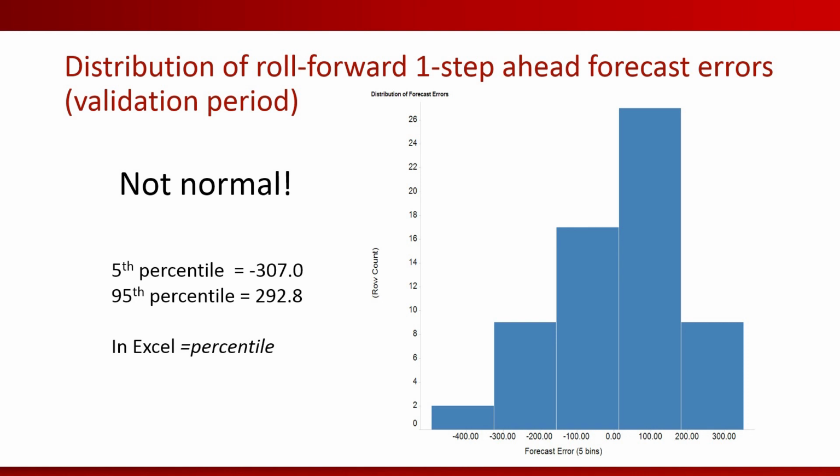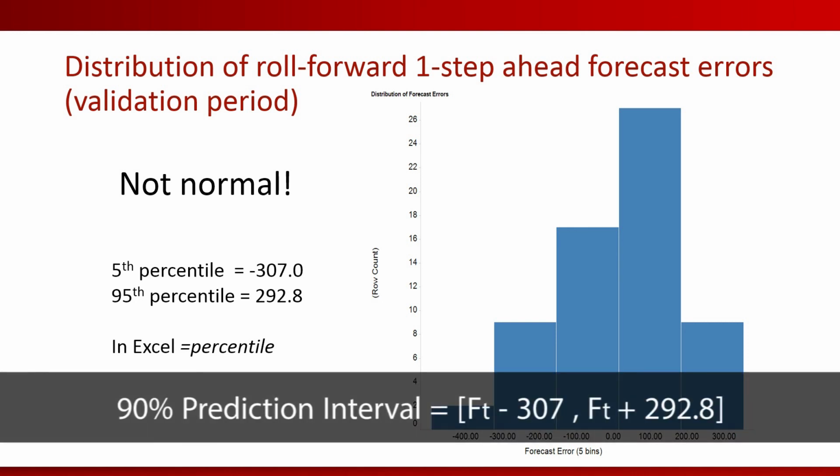Since it's not normal, we can either transform the data and then use the theoretical formula, or I can take this distribution, this set of numbers, and compute the percentiles, for example, the 5th percentile and the 95th percentile, and then give this interval as my 90% prediction interval. Every software can give you percentiles. Even in Excel, we have a percentile function. So this is an option of creating empirical prediction intervals.